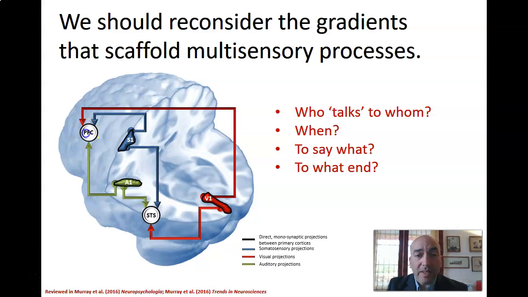New data showing that the primary cortices are directly and monosynaptically connected forces us to reconsider these gradients. But how do we put this new anatomic evidence into a functional schematic?